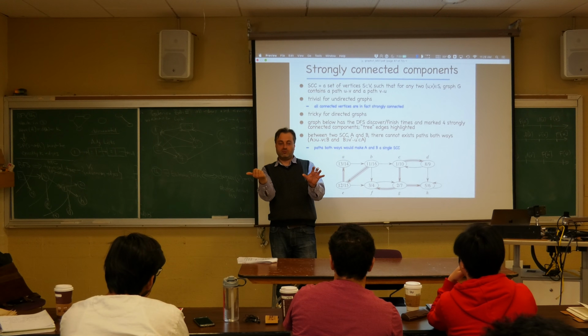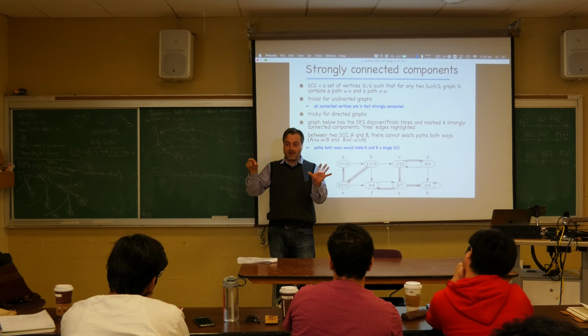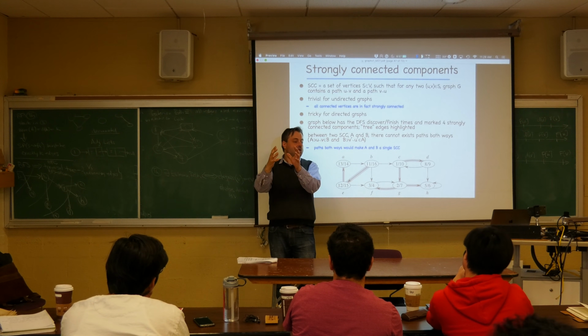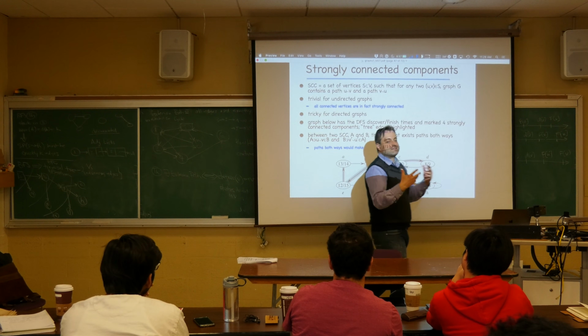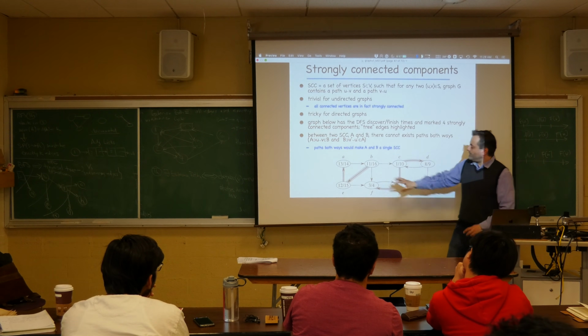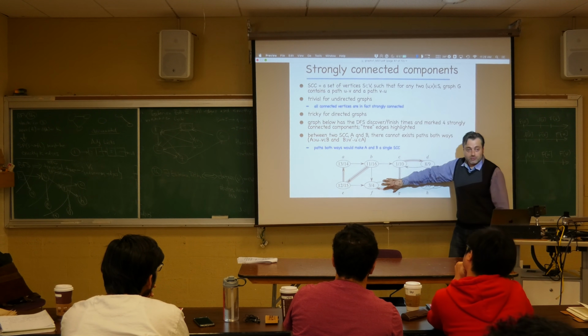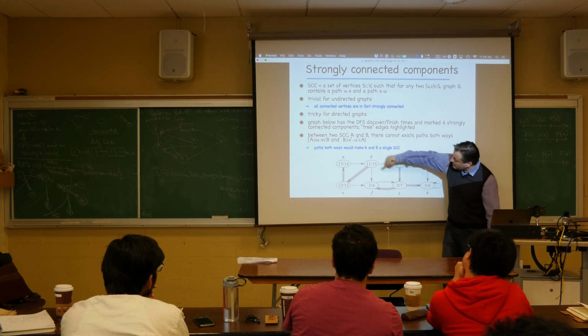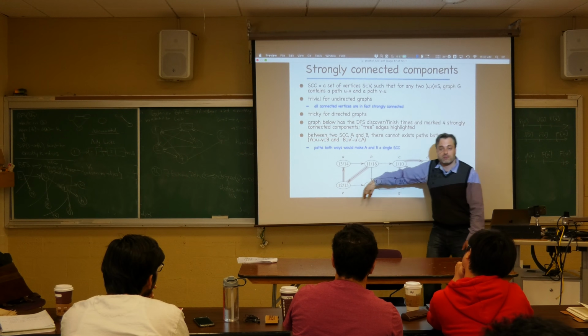No. If that would be true, if I can reach from this component there and from this component here, this will be, in fact, one component, right? Because those are maximal. When we talk about strongly connected components, if I can reach from this component into here, which is true, see this arrow, but if I could reach also backwards, the whole thing would be a component, right?